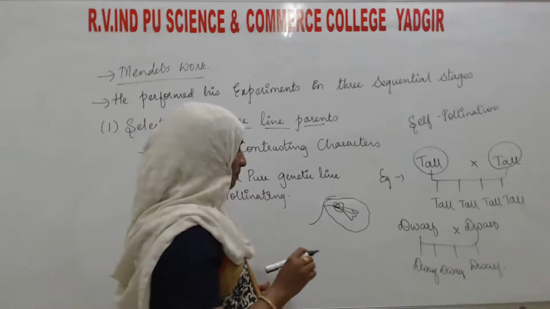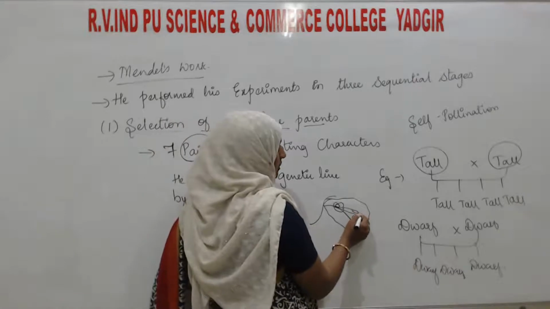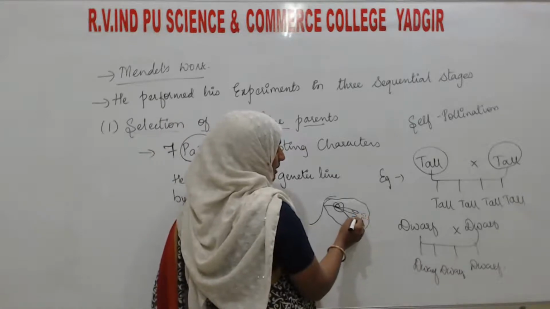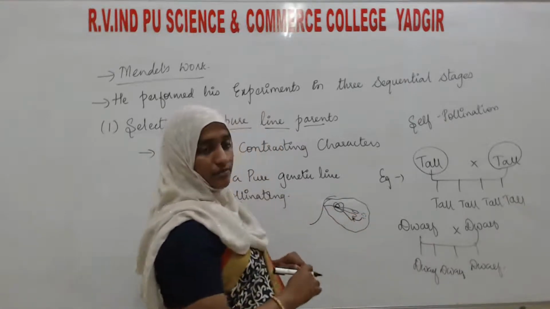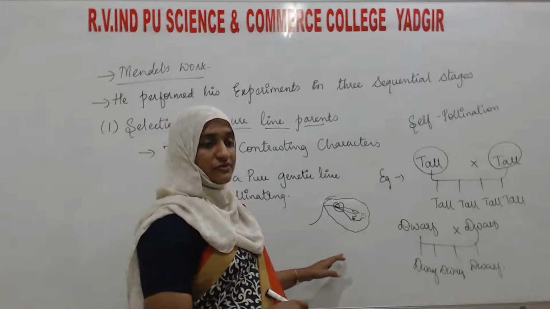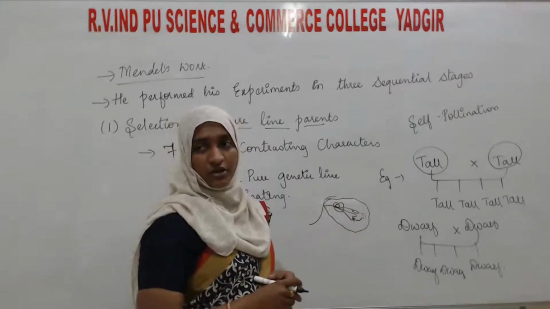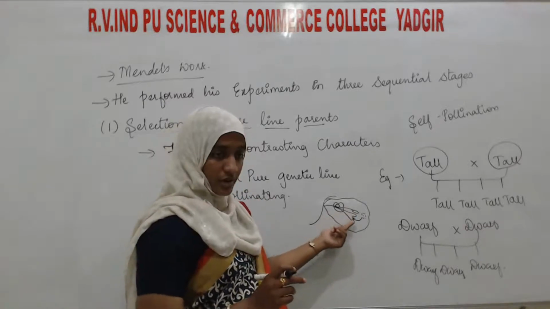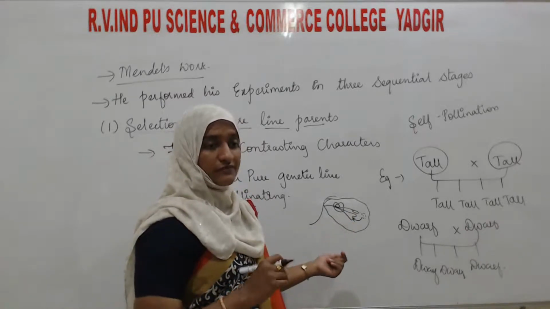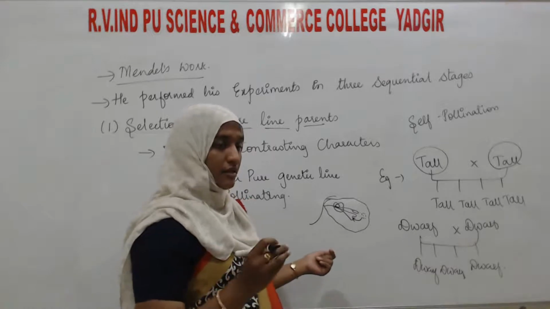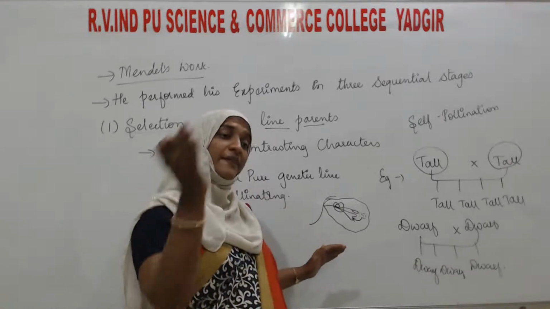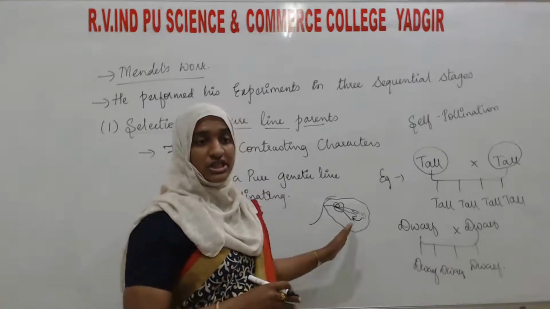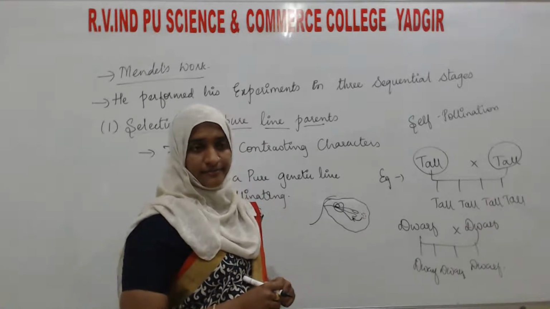In that case, the pollen grains will release and they will pollinate this flower only. This type of pollination we can call self-pollination. If within the flower only the pollen grains are going to transfer and pollinate, then there is no chance of some other genes coming and changing their characters.